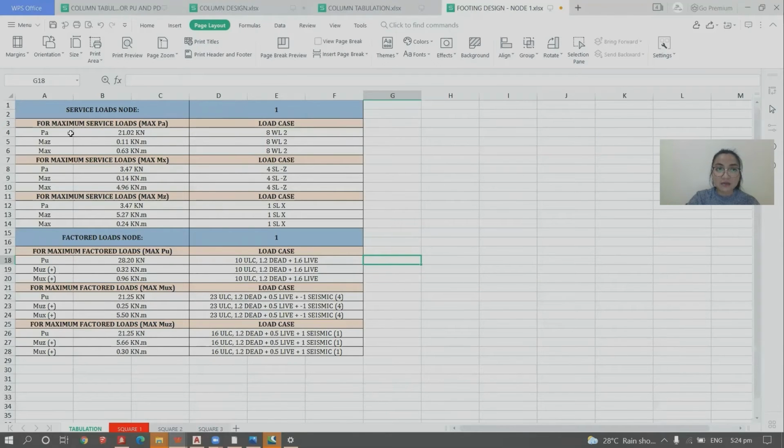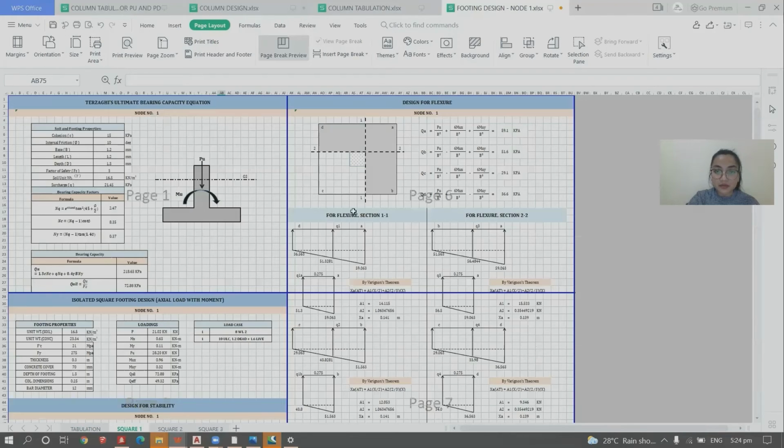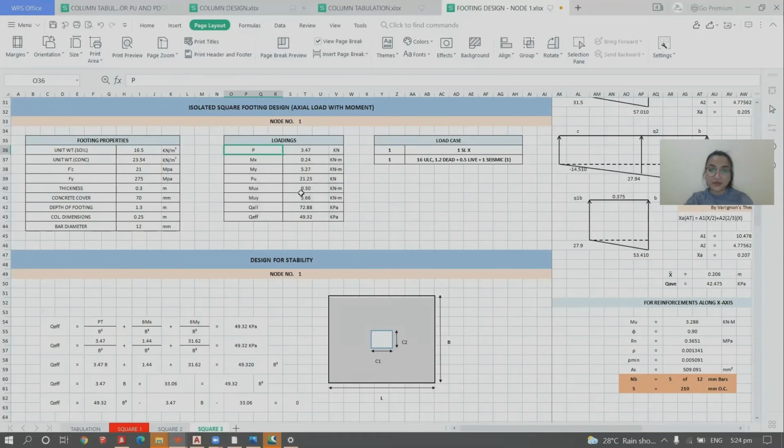We have here PA, maximum MX, and MZ. So first up is 3.47, MX is 0.24, and then we have MY 5.24, TU is 21.25, MUX 0.30, MUY 5.66, then Q all is equal 72.88, then Q efficient is 49.34.